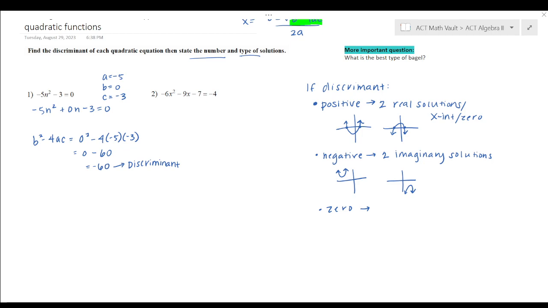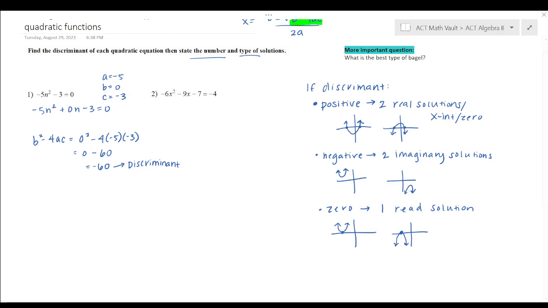So if it's 0, that just means there's only one real solution, because you only get one intercept, whether it's going upwards or downwards. It's just hitting it in one spot. So these little points are the solutions.